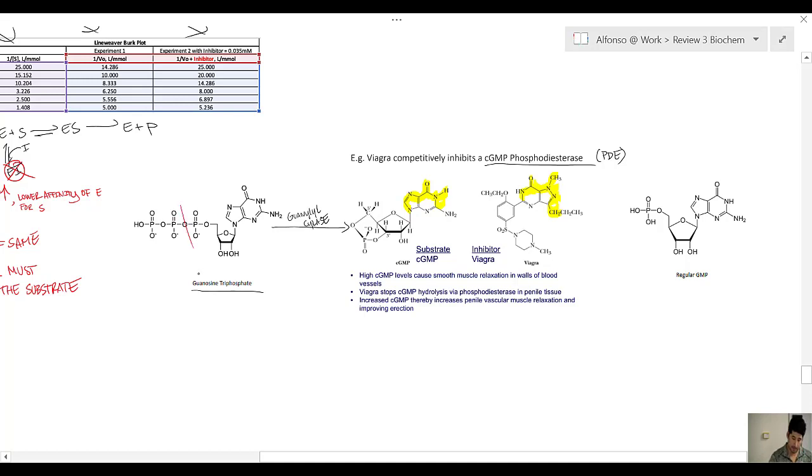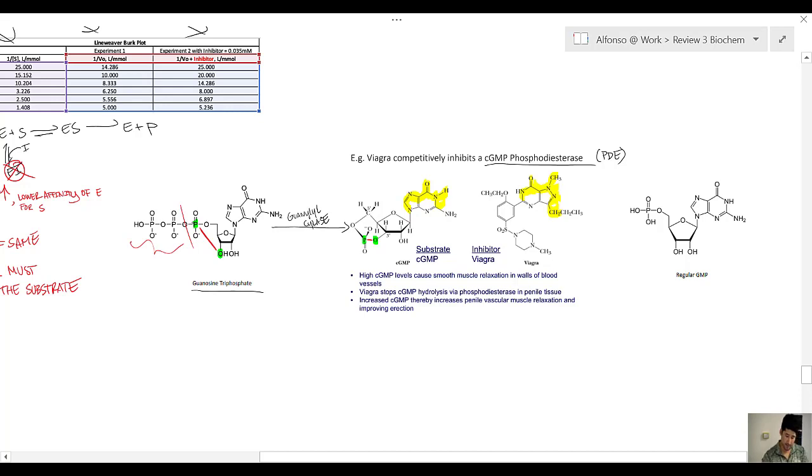And guanylyl cyclase cleaves this part of this substrate, cleaves this part right here, and it binds this oxygen with this phosphate. And if you look at cyclic GMP, this is the oxygen, and that's the phosphate that are now bound. So this is the bond between them. So that's how cyclic GMP is made.